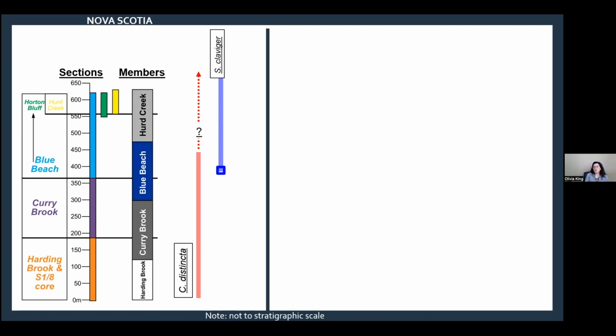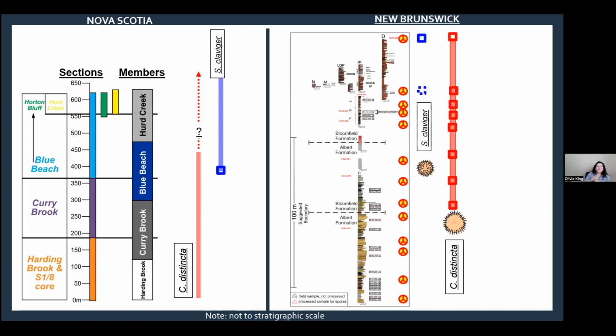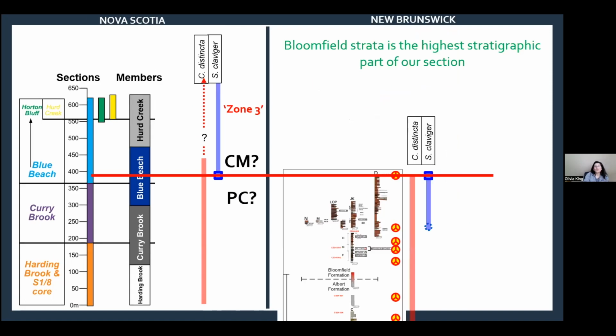So what's important, though, is that because this is the type area that we're comparing to and we're using zonation charts on, we want to find out what the context is. So for these two spores, this is how they present in my section. We have one example of cleviger, and then we have multiple examples of distincta through the whole section. So what we want to do is orient these together.